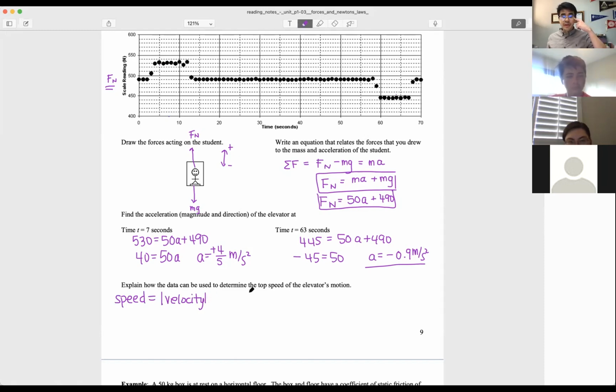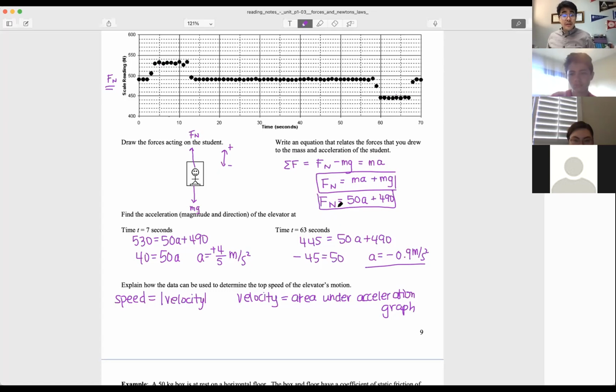Remember last time when we looked at acceleration, velocity was the area under the acceleration graph. If we have an acceleration graph, then we can use it to find the velocity. And then from there, we can figure out what's going on.